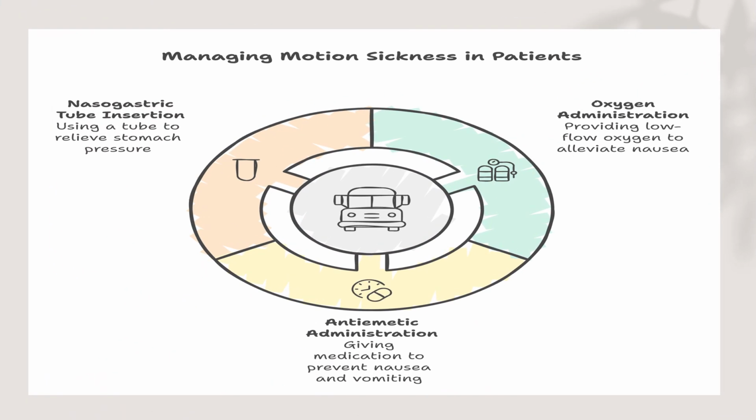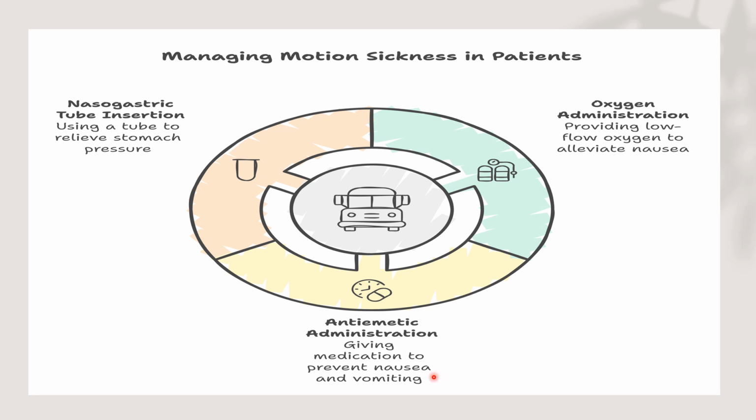When transporting the patient by ambulance or medevac, the patient may have motion sickness. If we have motion sickness, it will be more aggravated by medevac, but it will also be present in ambulance. So it's better to give oxygen at a low flow to avoid nausea.